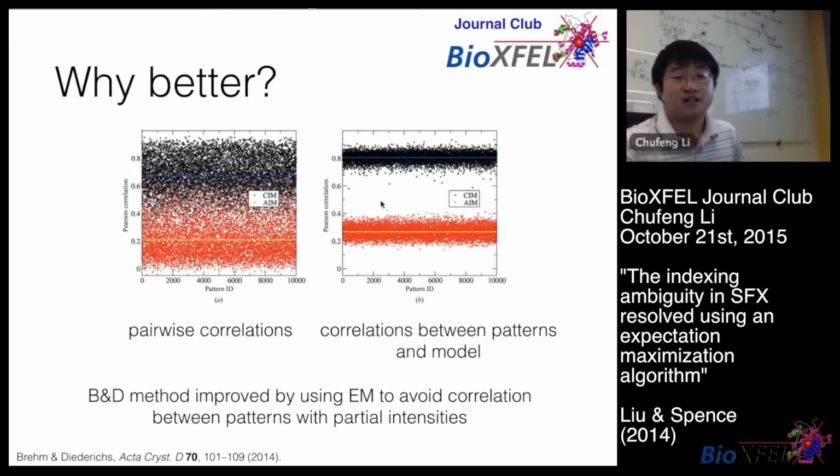So you can see that the EM is much more powerful in distinguishing these two indexing modes. So it can recover the correct indexing mode, CIM, much better. And this probably explains why the EM method improves upon the BD method, because it avoids the calculations between partial reflections, which is a big problem in SFX.